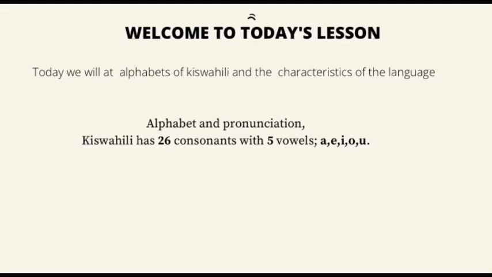Kiswahili has 26 consonants with 5 vowels. The vowels are A, E, I, O, U, same as the English or the Roman vowels.